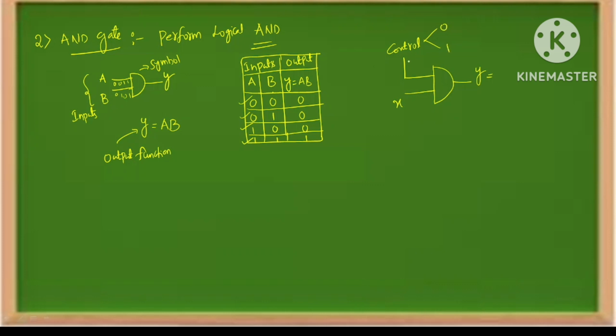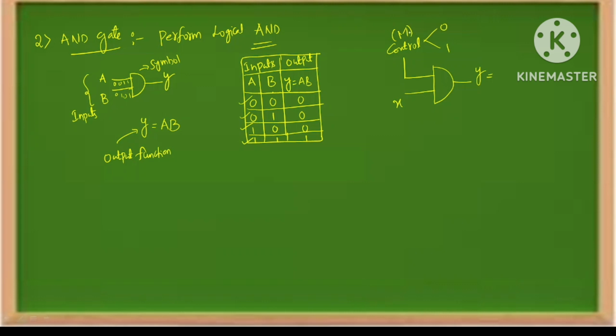If I want to get the input x to the output, let me give a symbol m for this control input. Whether the input x is sent to the output is decided based upon the control input.